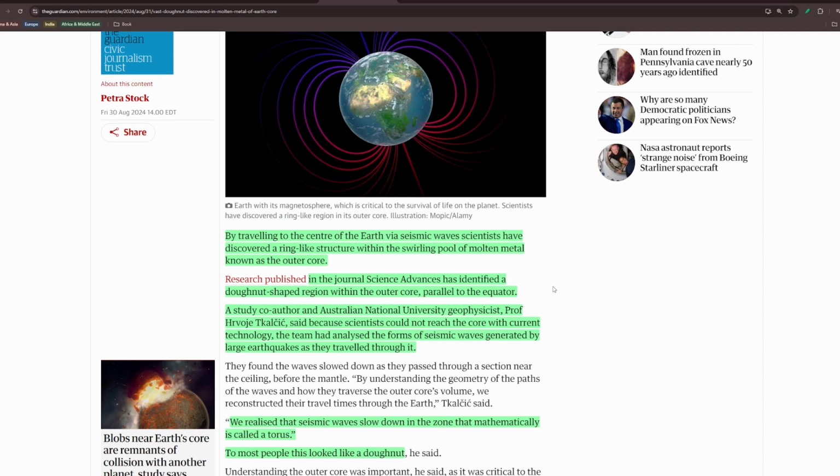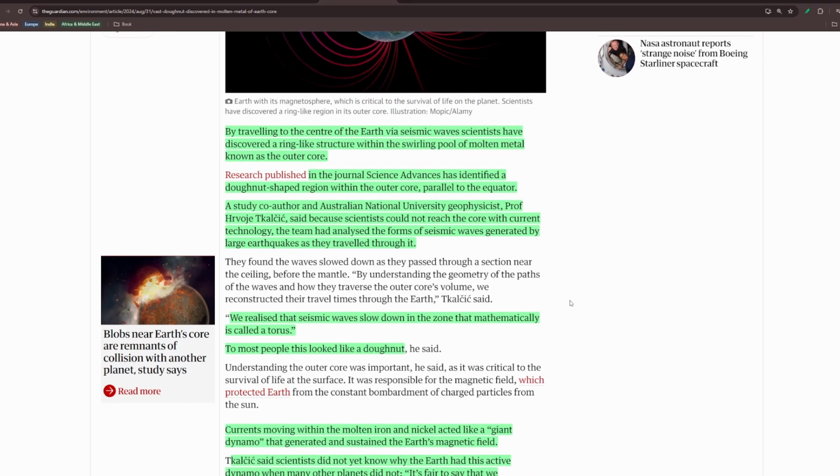By traveling to the center of the Earth via seismic waves, scientists have discovered a ring-like structure within the swirling pool of molten metal known as the outer core. Research published in the journal Science Advances has identified a donut-shaped region within the outer core parallel to the equator.